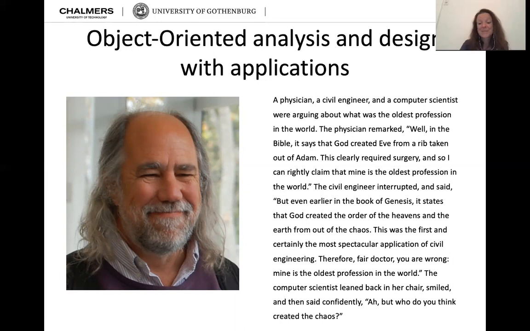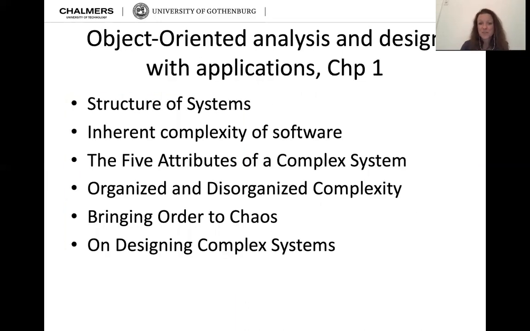So we're going to take a deeper dive into this chapter. The first chapter talks about the structure of systems, like the different types of systems that we can look at and how they're structured. He compares the system of a personal computer, plants and animals as systems, social institutions, and then also the system of matter.